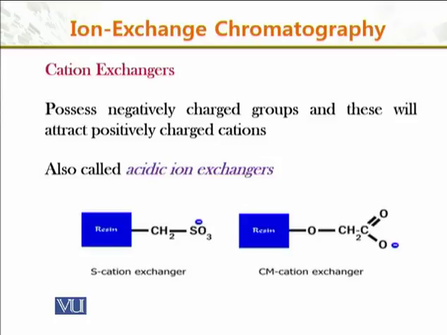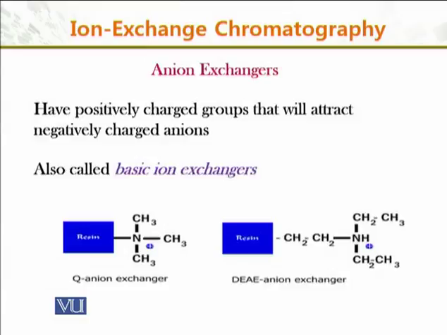As shown in this diagram, with a resin, there is a positively charged cation exchanger. Similarly, with a resin, there is a CM cation exchanger. They both will attract positively charged compounds. They will be attracted by these supports on the resin, and the separation can take place.